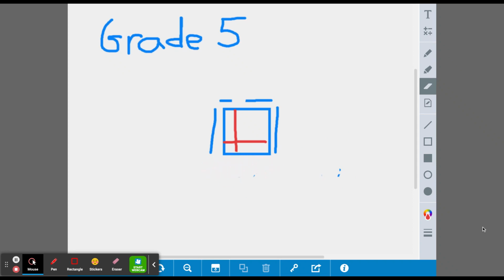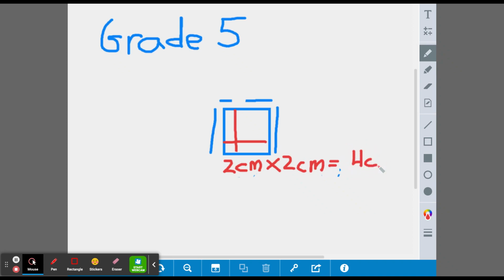So if we have the same 2 centimeters on both sides, we would have 2 centimeters times 2 centimeters, giving us an area of 4 centimeters squared.